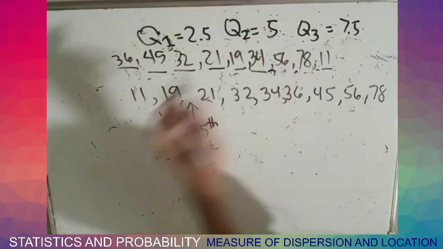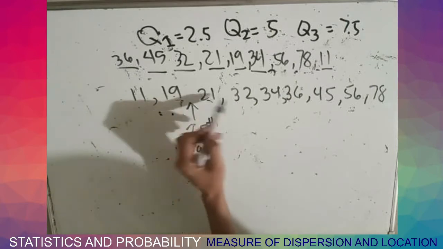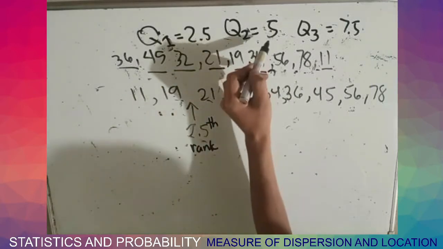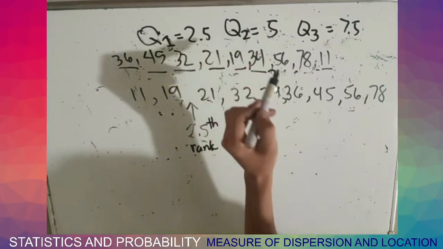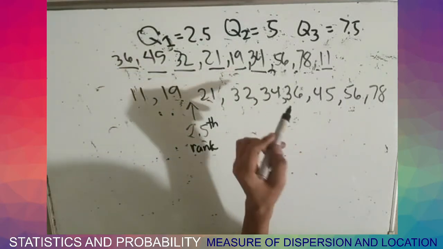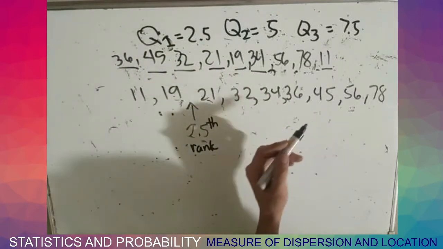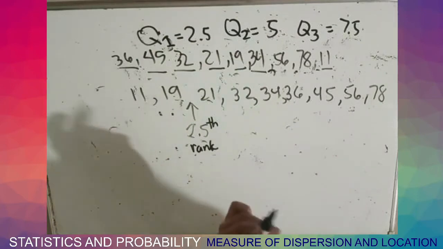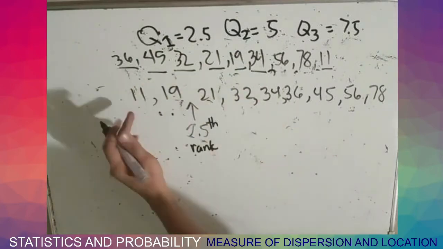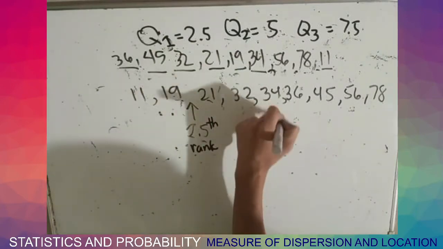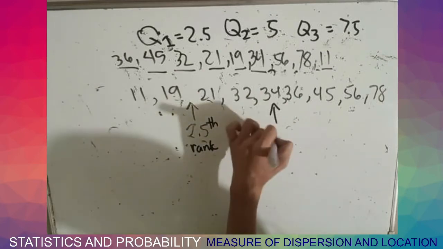Next, si 5. Bilangin ulit natin: 1, 2, 3, 4, 5. Since whole number yung quartile location, wala tayong decimal point, kung saan tumapat yung quartile location natin, yun yung ating quartile. So, ito yung fifth rank.